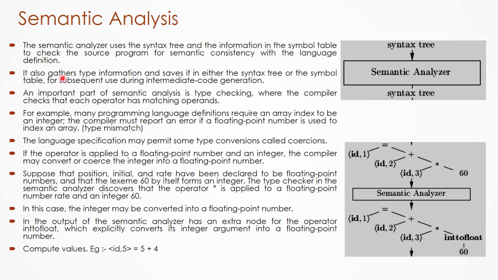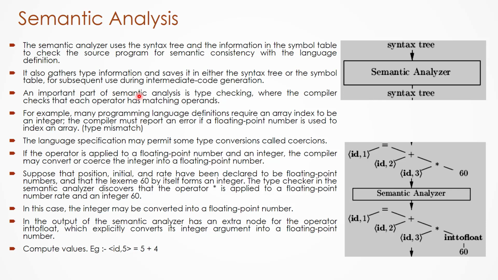It also gathers type information and saves it in either the syntax tree or the symbol table for subsequent use during intermediate code generation. An important part of semantic analysis is type checking, where the compiler checks that each operator has matching operands. So this third point is an important point. Type checking is done in semantic analysis.